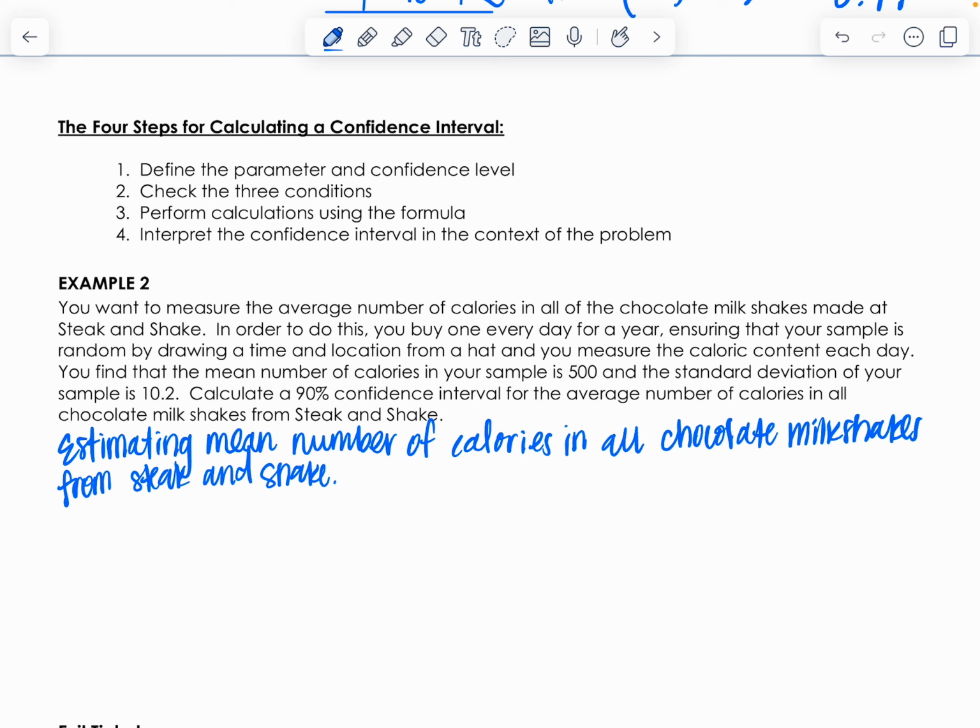All right, we're going to do so using a 90% confidence interval. So our confidence level is 90%.